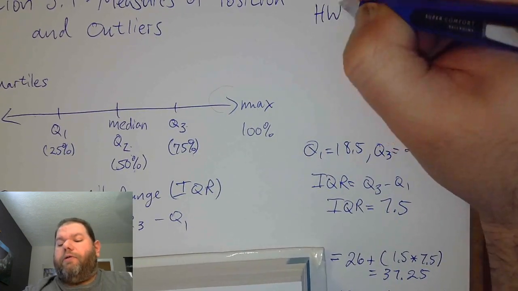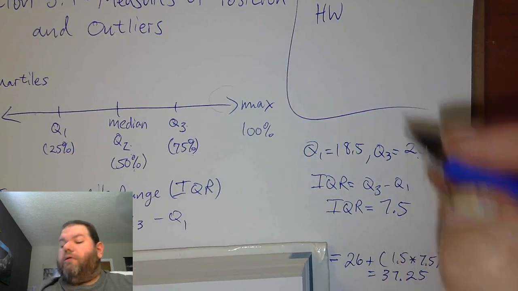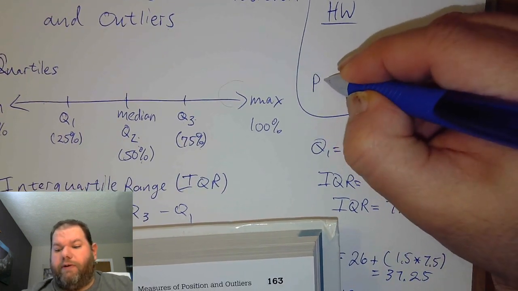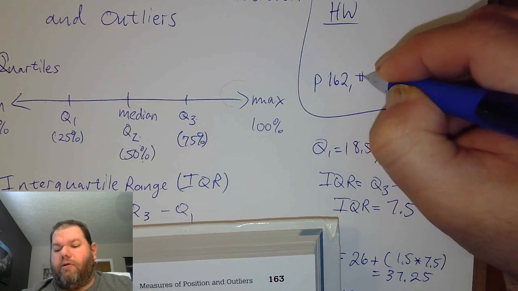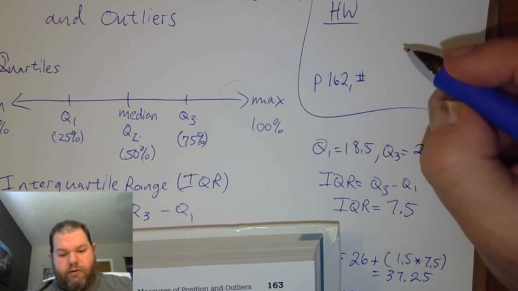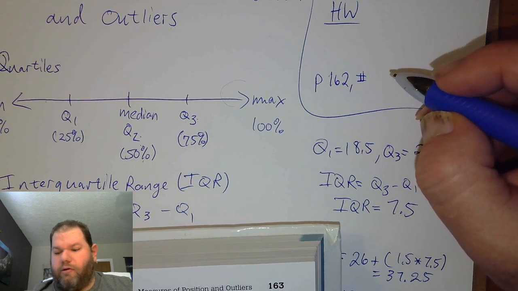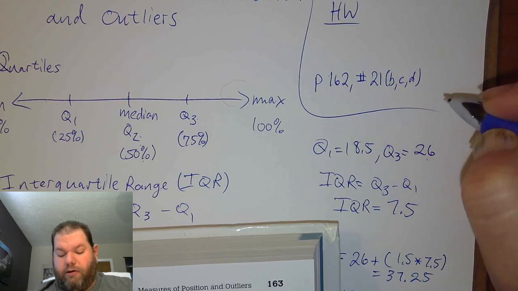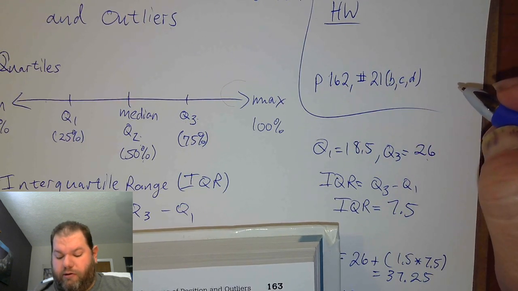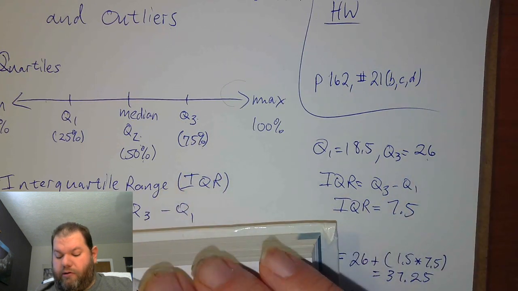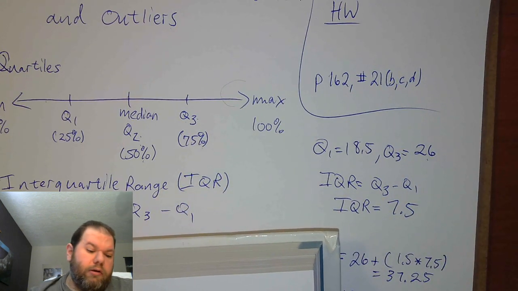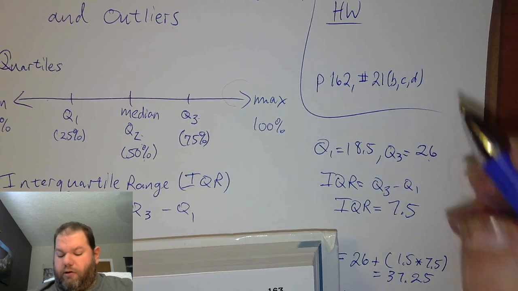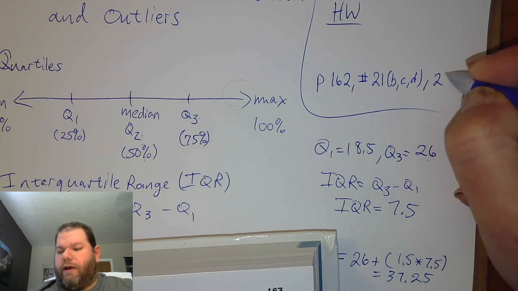So for homework, let's see. On page 162, I want you to look at number 21, part B, C, and D. And then 28A.